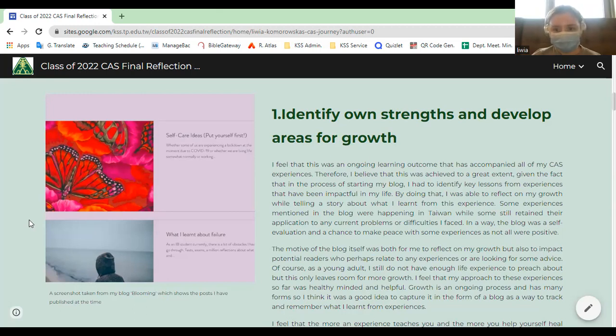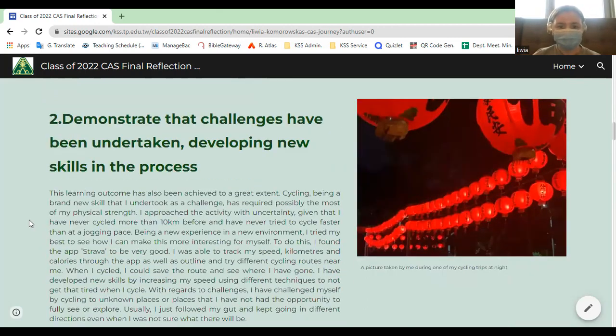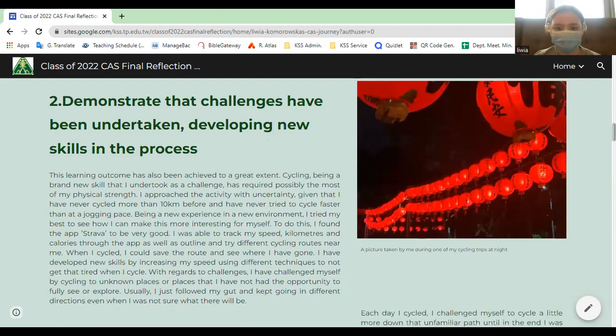And then for the second learning outcome, this was for activity. I chose to cycle. This was a brand new skill for me, and it was also one of the things that I kind of put to the side. Being new to Taiwan, I decided to do this because it was a chance to not only improve my fitness, it was also something different.